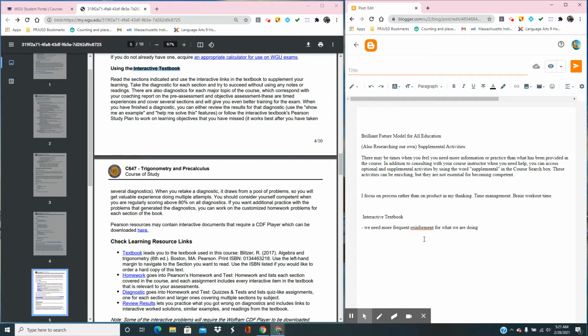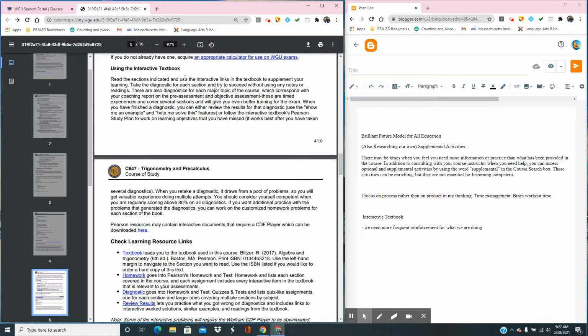Okay. We need more frequent reinforcement for what we're doing. Our brains are wired for more continual feedback now, because every time we touch things on our screen, things change, right? So when you're reading a textbook that's not interactive, it's harder for the way our brains are wired now. All right. Read the sections indicated and use the interactive links in the textbook to supplement your learning.